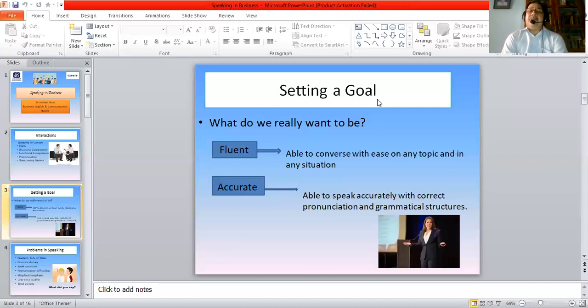So we can say that both fluency and accuracy are aims as far as setting a goal in speaking in English in professional situations is concerned. So if you are talking in the workplace or in the business context, what does it mean that you have to be fluent and accurate?